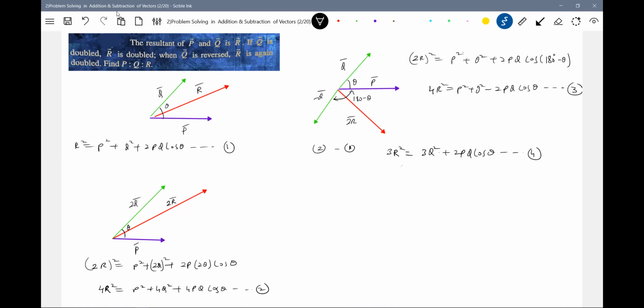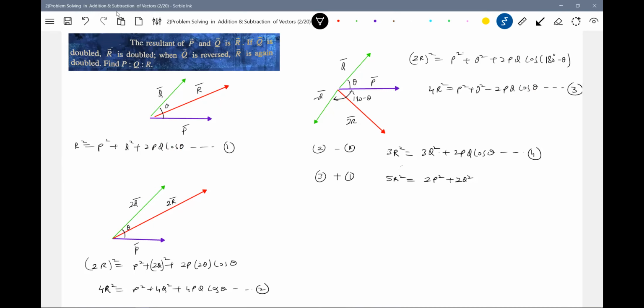Then equation 1 plus equation 3, let me add, so that cos theta I can eliminate. This will become 5R square equals 2P square plus 2Q square. Now look here: minus 2PQ cos theta plus 2PQ cos theta will cancel out.